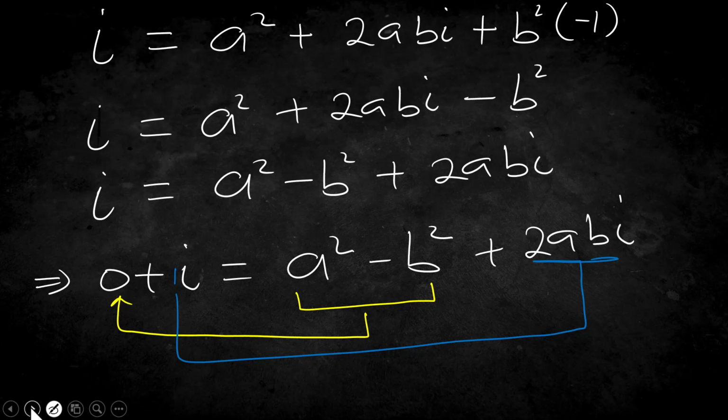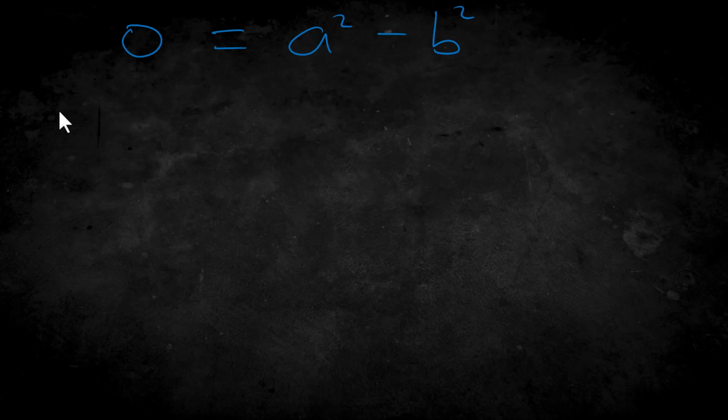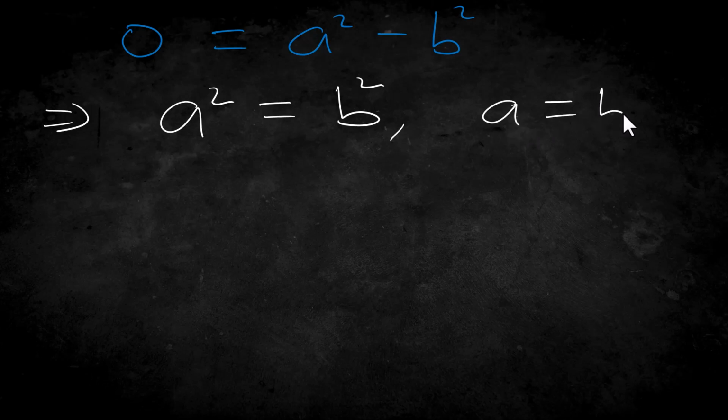So 0 will be a squared minus b squared. So from here a squared is the same as b squared, and if that is the case, it means a equals b. So let's keep this one here.